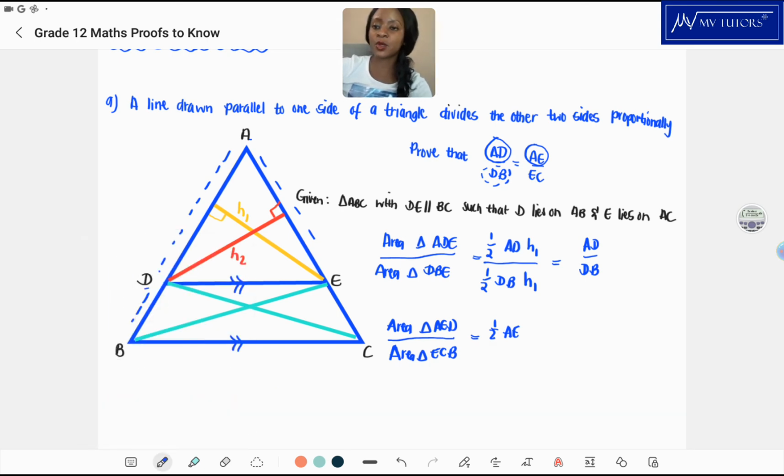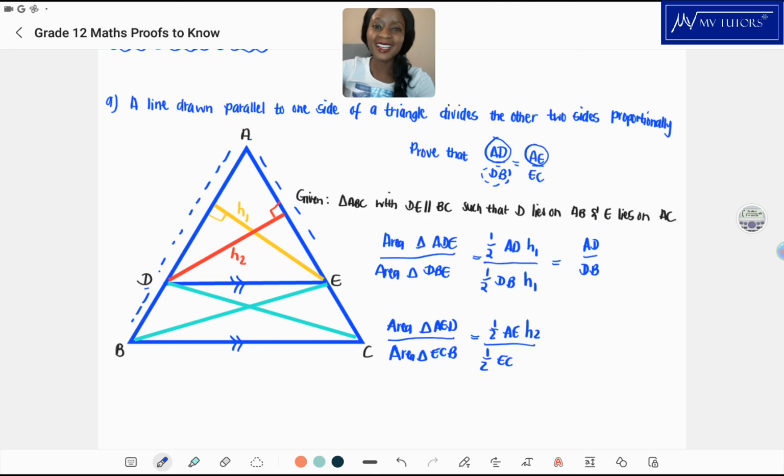And then same thing, so I have my base there and my height is H2. And then also I have half EC, the triangle at the bottom, times my perpendicular height. Wait, where am I now? This looks kind of funny. What did I do? Okay, so AE, this is my base.